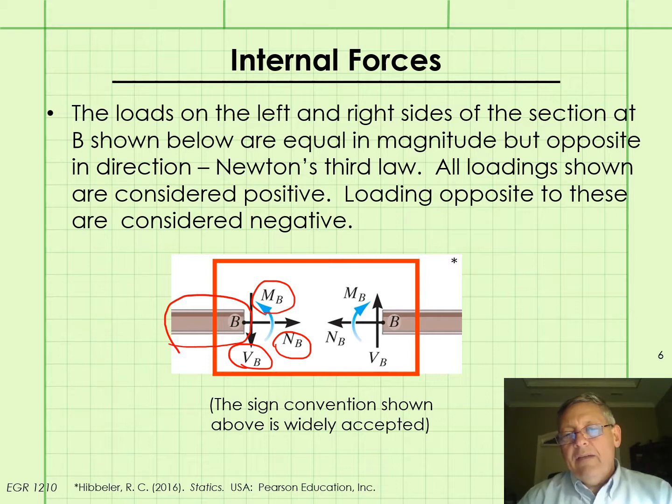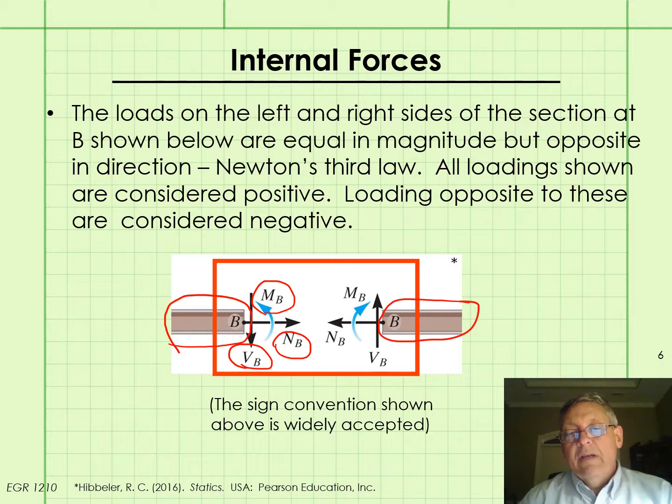Now, if we look at the beam segment to the right side of the cut, according to Newton's third law, there must be equal and opposite loading present at the cut in this free body diagram, and that is shown here.